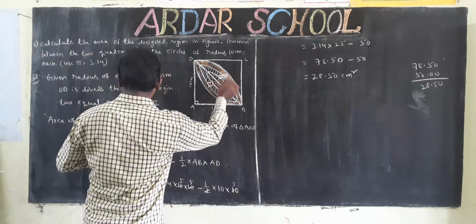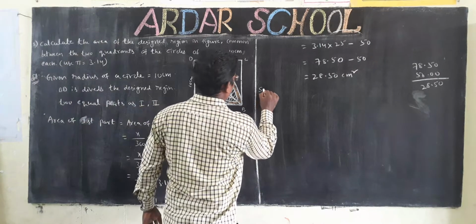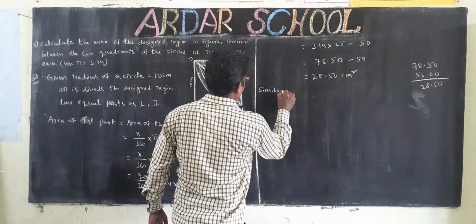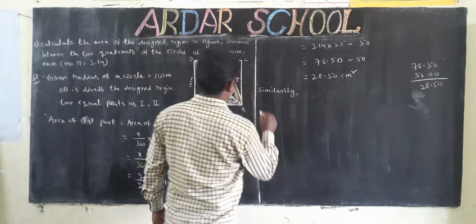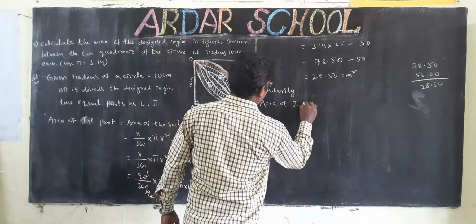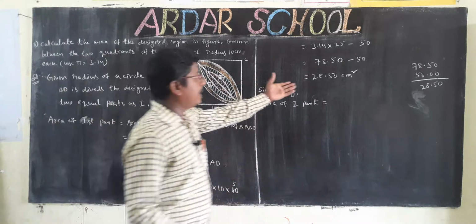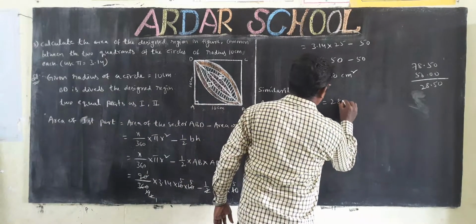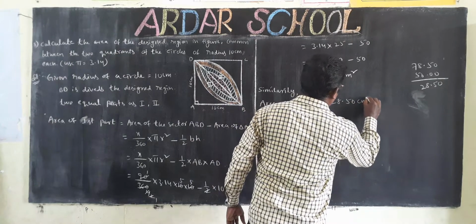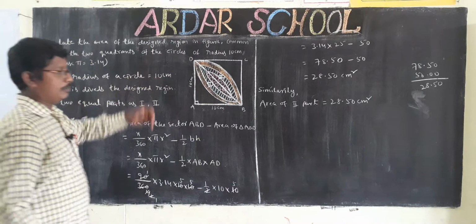Okay. These two are equal parts. Then similarly the area of the second part is also 28.50 centimeters square. Then you have to find the area of the total design region. Okay.